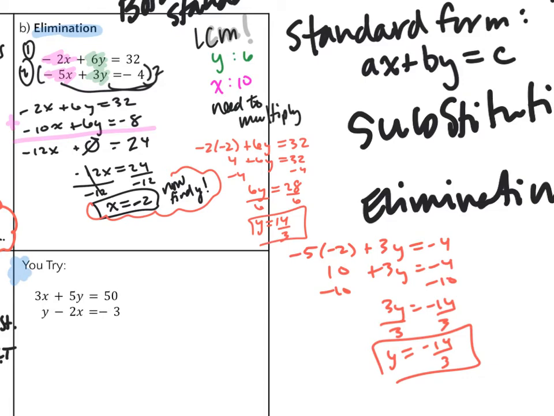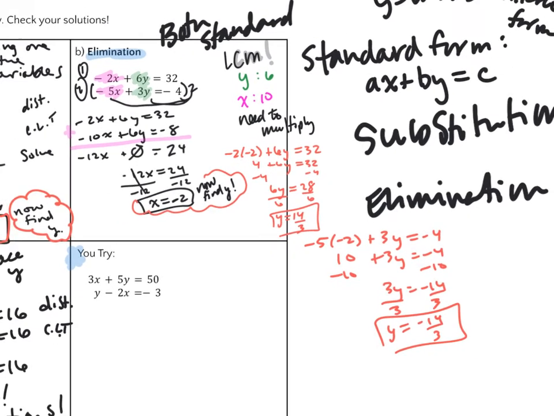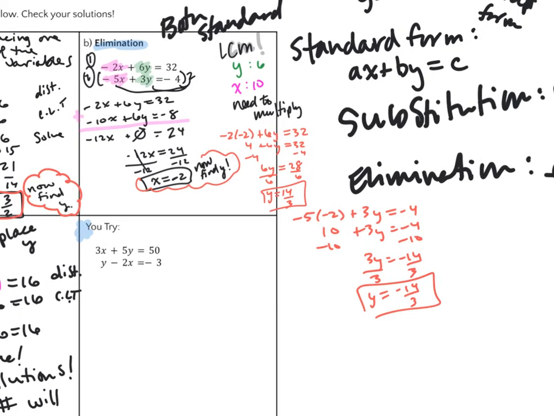Okay. This is why I don't like to do math alone. 2x, 6y, 32, negative 10, 6, negative 8, combine. The 2 is negative. Okay. Why is this not working?